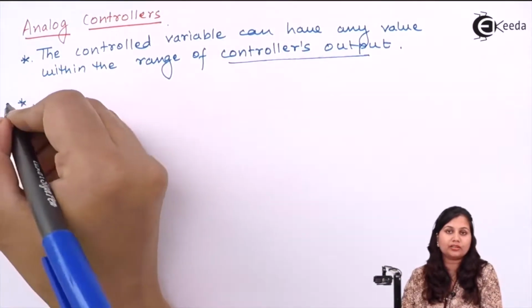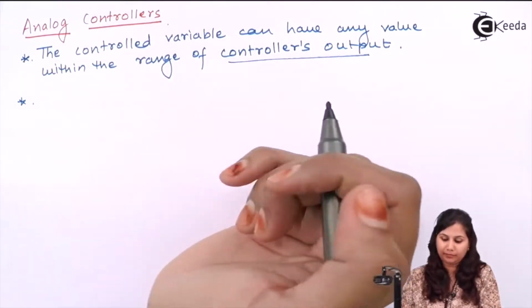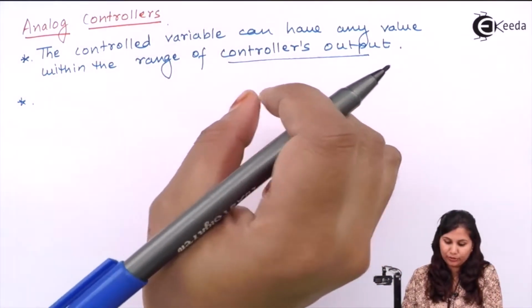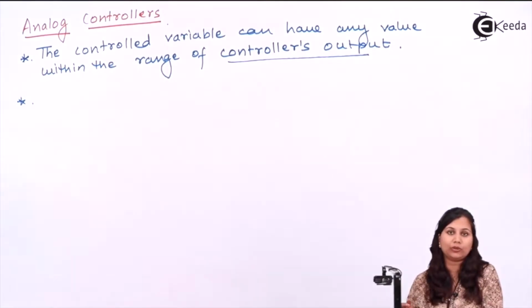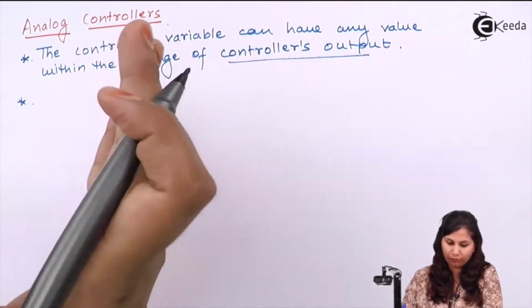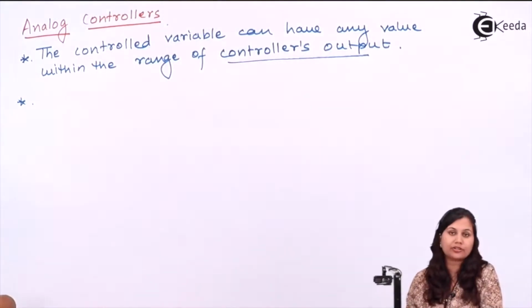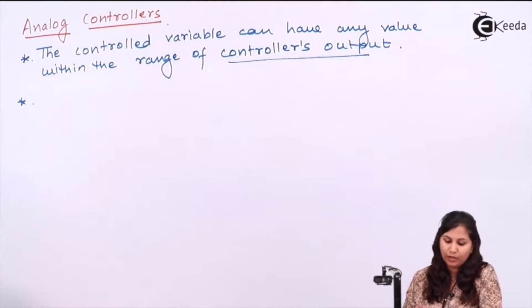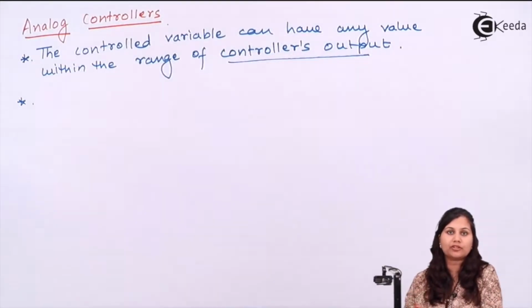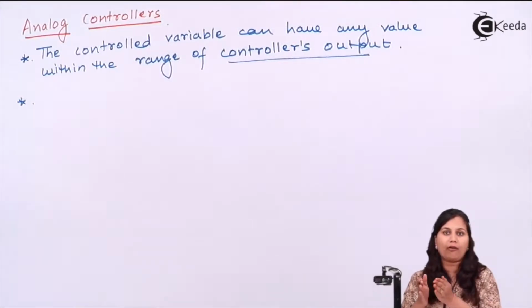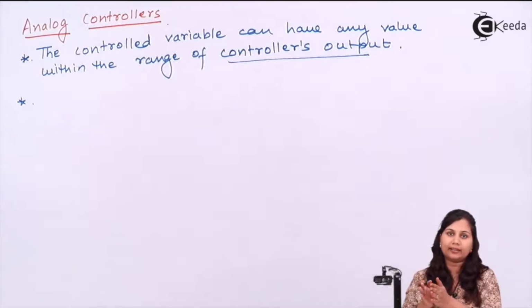And if we are using the automatic control scheme, the controller is automatically going to compare the controlled output, that is the controlled value, with the desired value, and it will produce a function which is going to affect the output and try to make the output close to the desired output.